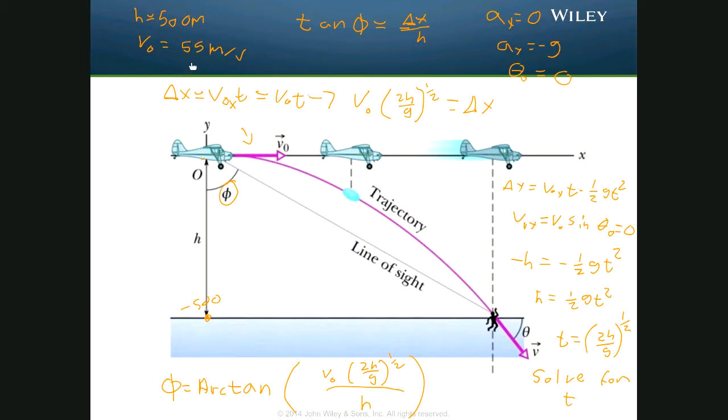But you could have a height of 5 kilometers. Maybe it's a different plane. Or maybe you have a different speed, maybe your plane coasts at a different speed due to different conditions. You can adjust your angle automatically, and you've solved a class of problems.